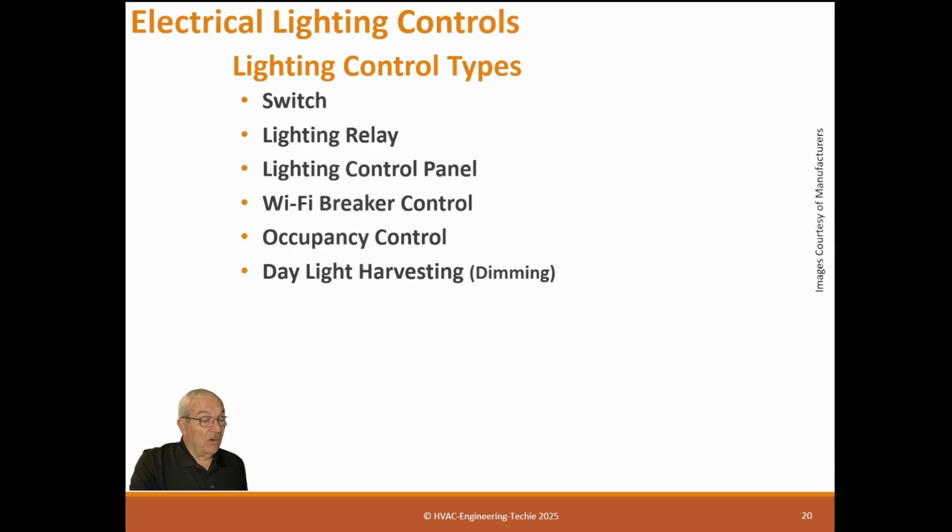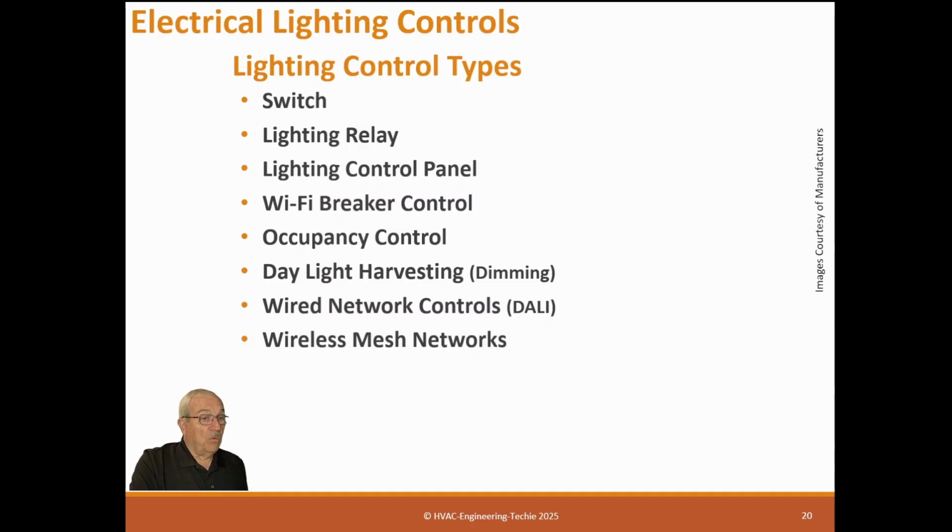You can have daylight harvesting, which basically measures the light level. And if the area is open to sun, as the sun gets brighter and brighter, it'll dim the lights to use, of course, less electricity. Wired network controls, which are called DALI systems, are systems that actually have full network control of the lighting. And wireless mesh networks.